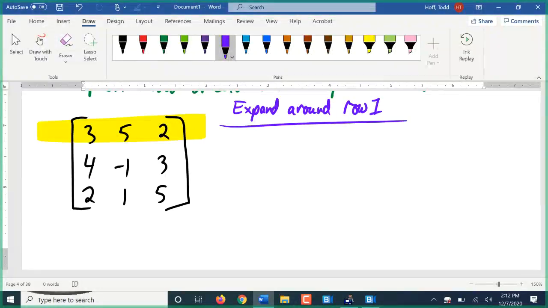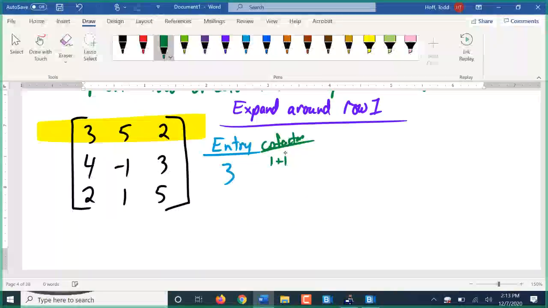Well, in row 1, I have the entry. First one is 3. Its cofactor. Well, that's in row 1, column 1. That's a 2. This is even. The cofactor is just 3. It's just the entry.